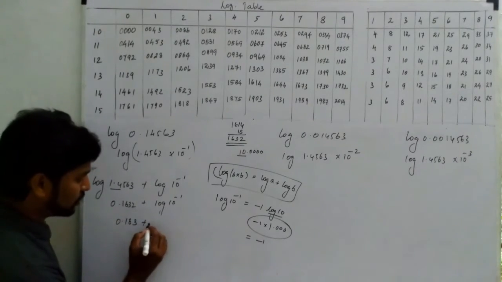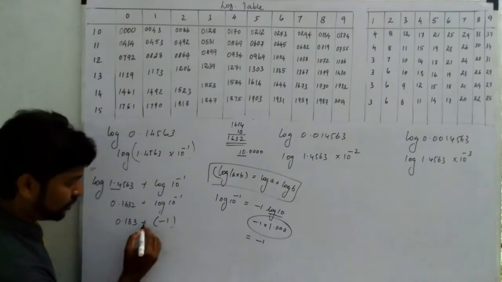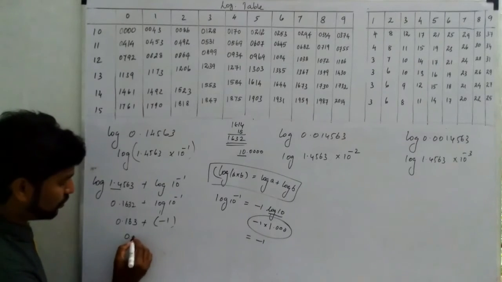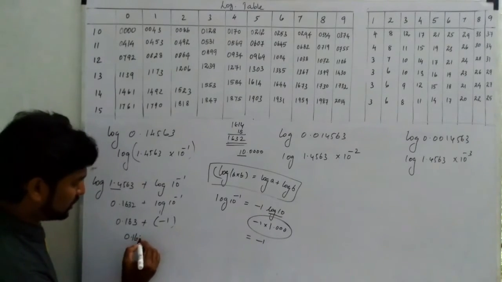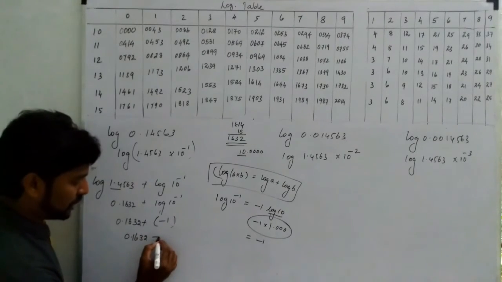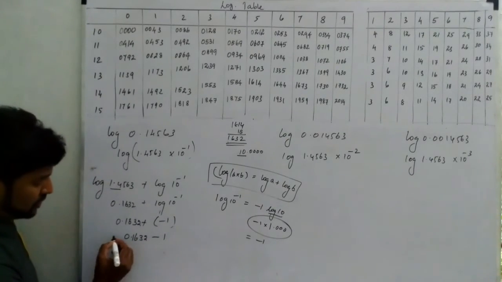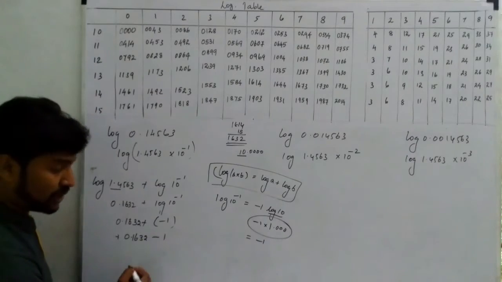So 0.1632 plus minus 1. If you remove the bracket, it is 0.1632 minus 1. This is the plus part and this is the minus part.